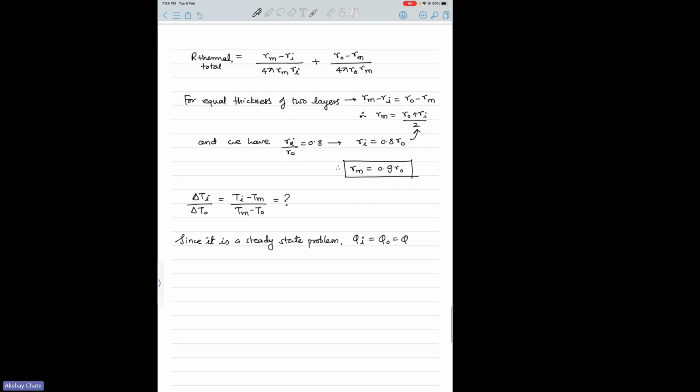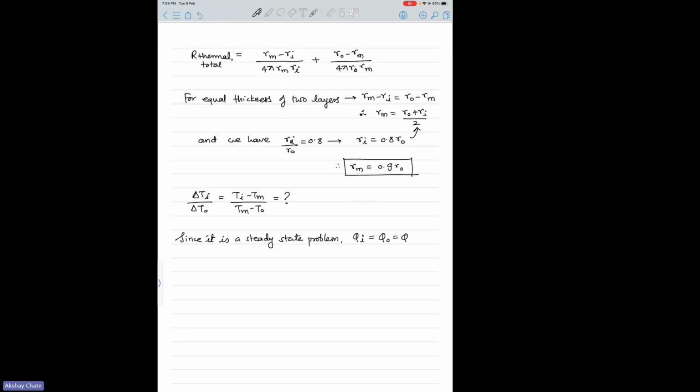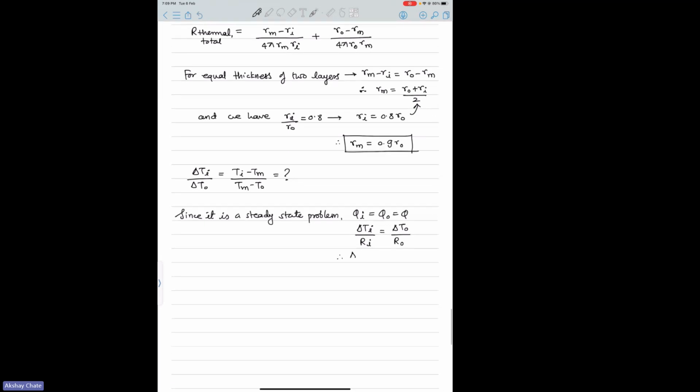So the temperature drop across the first layer is proportional to the thermal resistance of the first layer, and the same for the second layer. The ratio should be the same, then only the Q will be the same. Therefore delta Ti by delta To will be the ratio of the resistances.